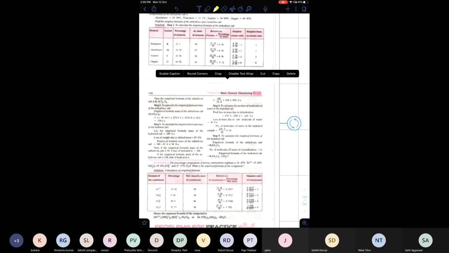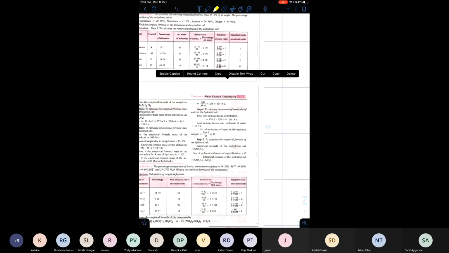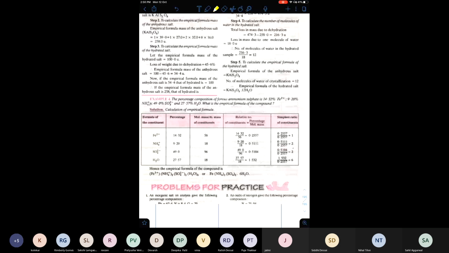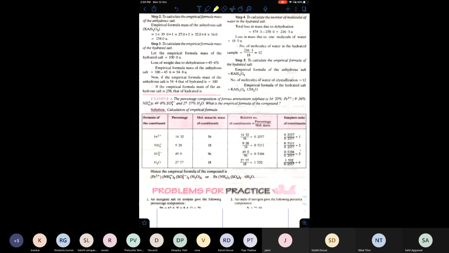Deepika, done. Is it visible? Komal, Deepika, done.